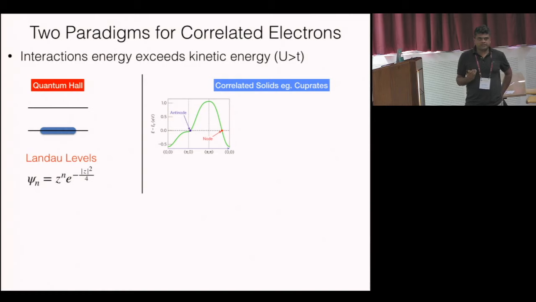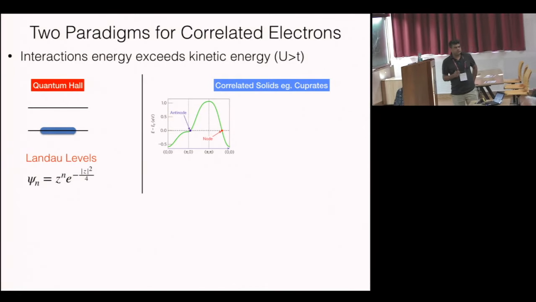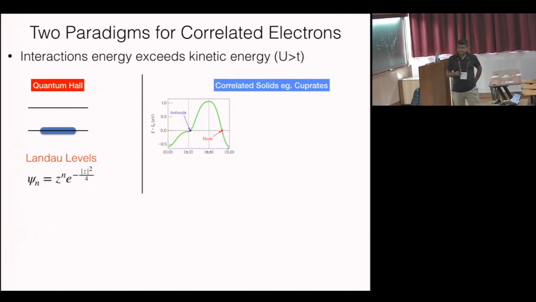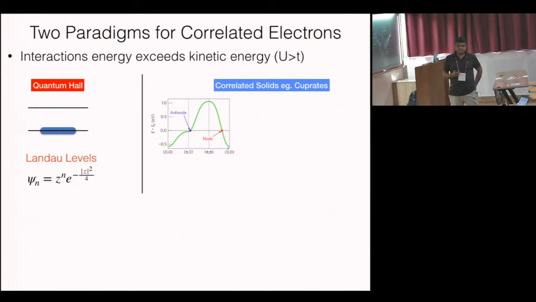We know two other examples like that in the past where you are in that regime, and they have very different approaches. One is, of course, the quantum Hall effect. A strong magnetic field quenches the kinetic energy. Say you partially fill one of these Landau levels, and then you ask what happens.